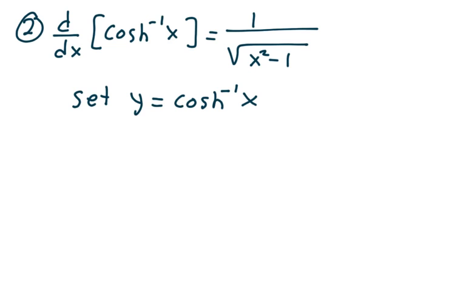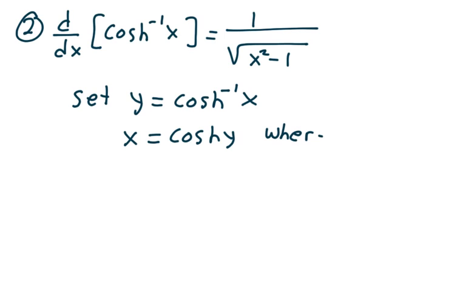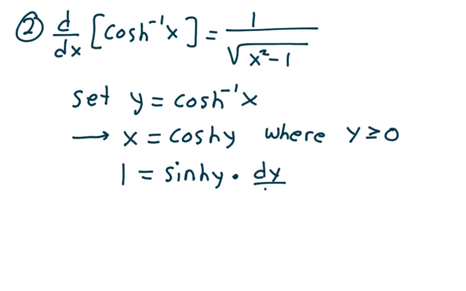Now, the interesting thing here is when I solve for x, I get hyperbolic cosine y, where y is greater than or equal to 0. So that's how we define that, and that'll be important in a minute. Now, at this line here, differentiate both sides with respect to x. So I get 1 is hyperbolic sine of y times dy dx.